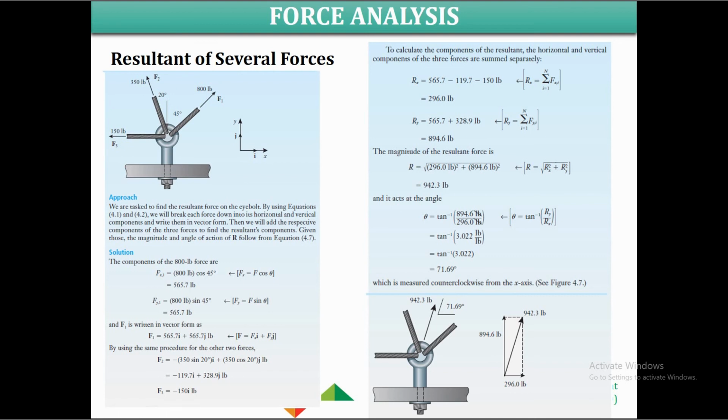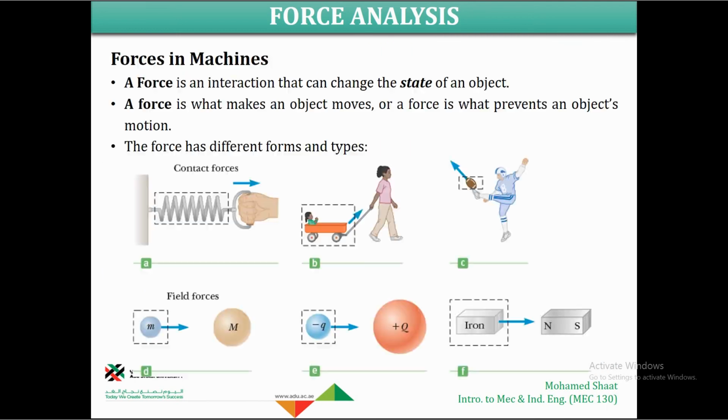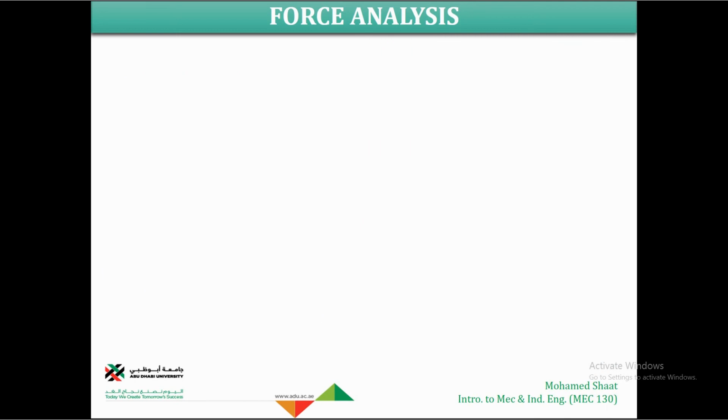You probably know one of these forces for some reason, but you don't know the others. Or you probably know two forces and you don't know the third. Finding any unknown force is known as force analysis. Make sense? So finding the unknown forces acting on any mechanical component or any engineering system is known as force analysis.